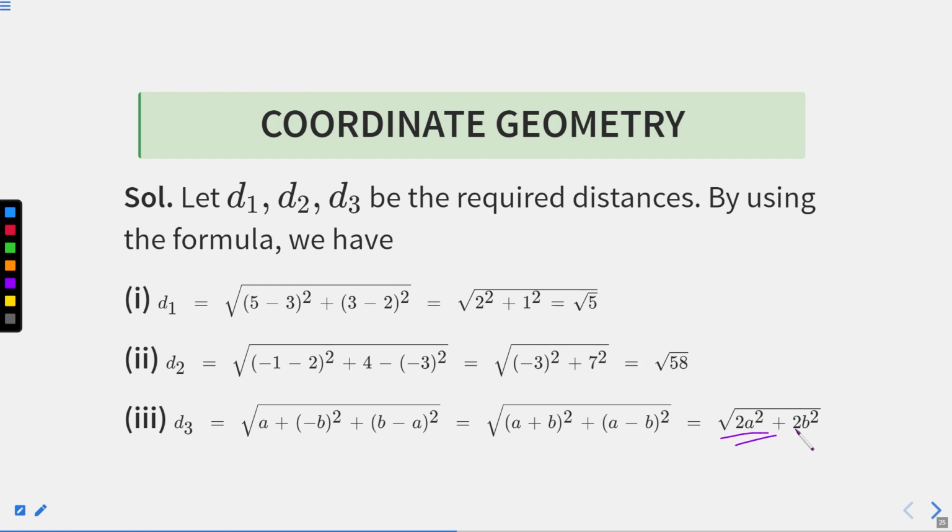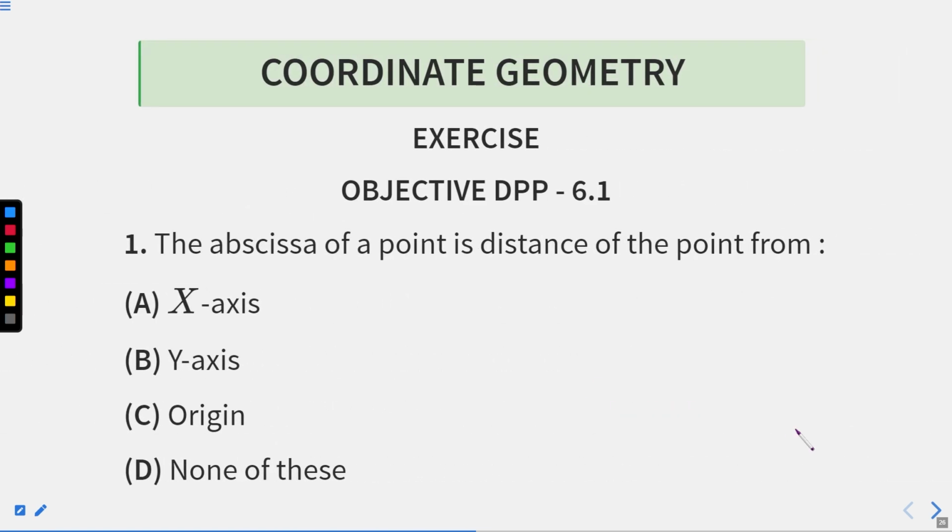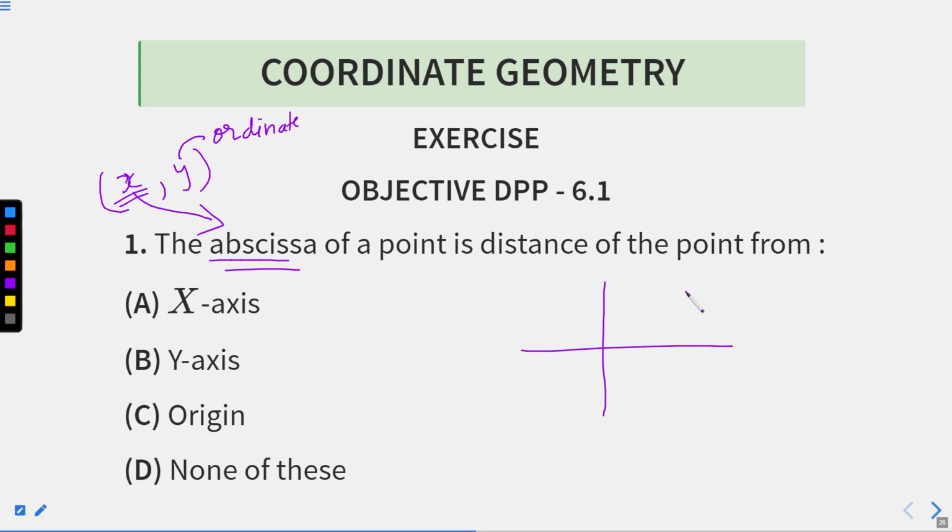So clear. Let's move on to the next, the abscissa. So if you recall, abscissa is the name for the x points. Okay, in ordered pair x comma y, x meaning abscissa, y meaning ordinate. Clear? So the abscissa of a point is the distance of the point from, okay, if I say x comma y is any point here.